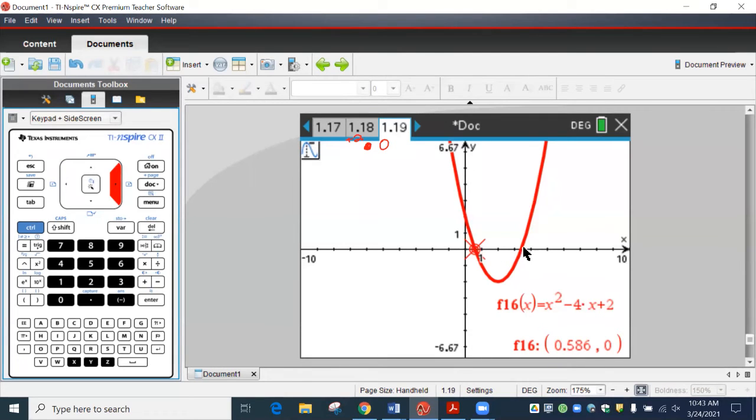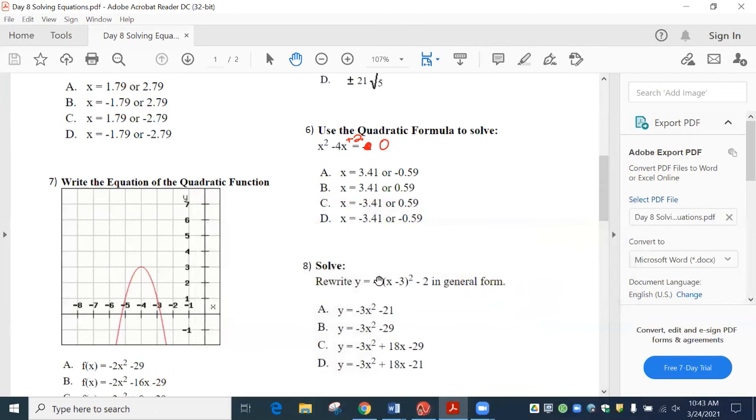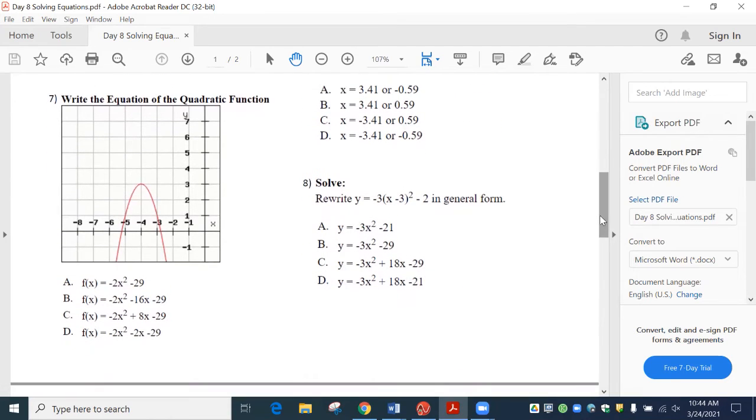That probably gives away the answer right there. So 0.59 would be either B or C. And then if we keep going around, 3.41, a positive, looks like B would be your answer.